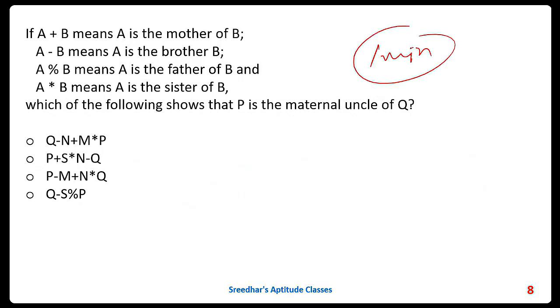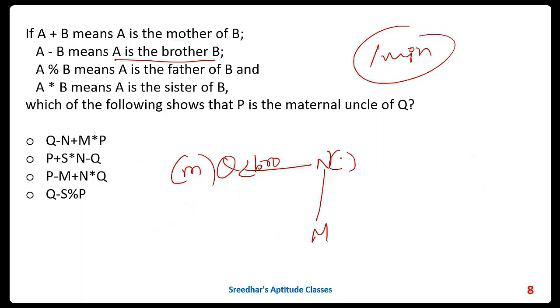It's not easy because you have to go by options. Right. First option, Q minus N. That means Q is the brother of N. If Q is the brother of N, Q is a male and he is the brother of N. And next, N plus M. Plus is mother. N is the mother of M.